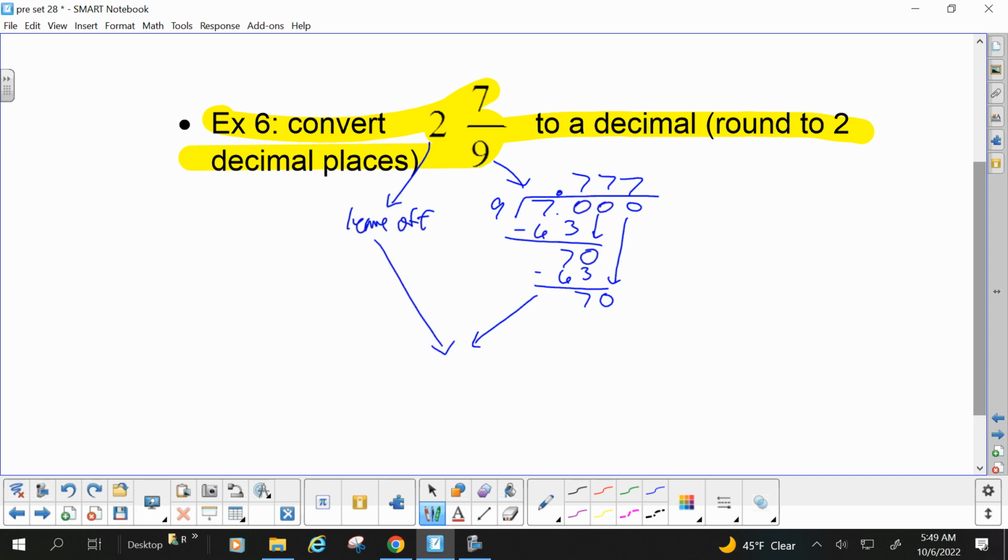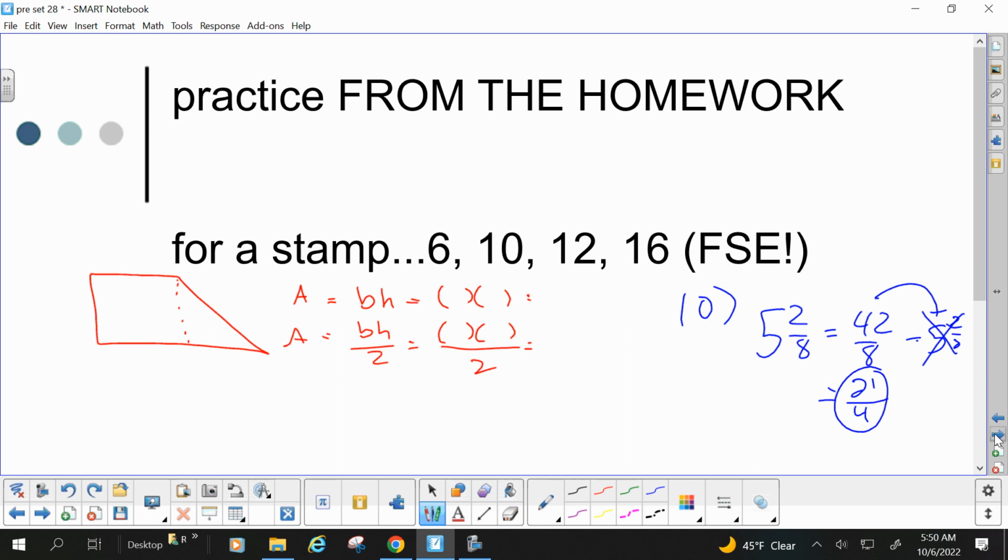Now is where I take both of my components and come back together. I still have a 2, but now this rounds to 0.78. 2.78. All right. That is easy enough.